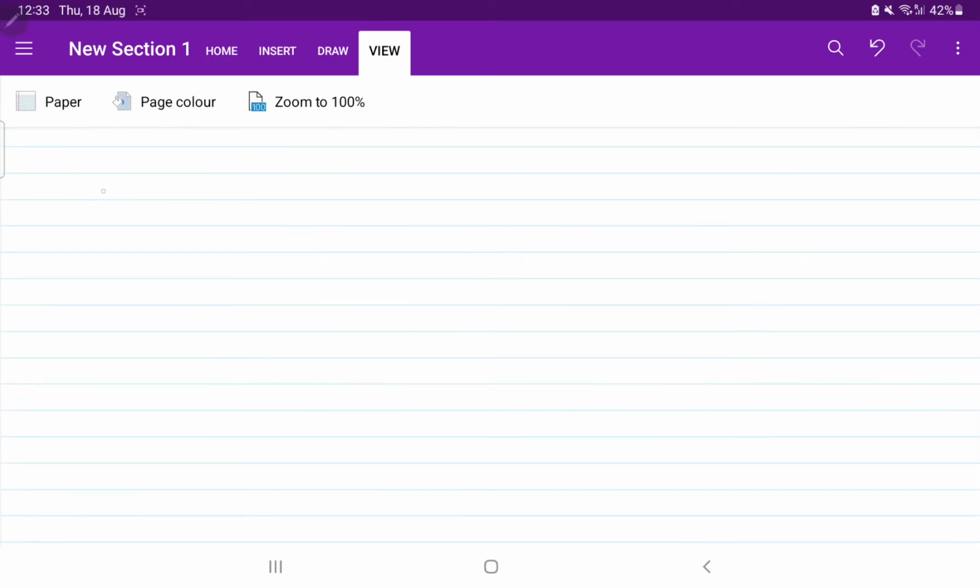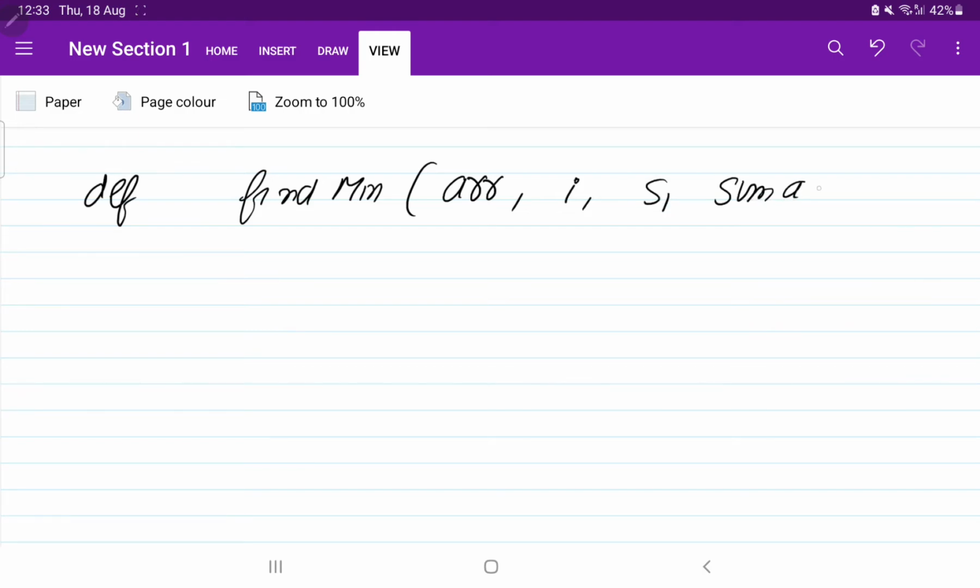Now let us write the solution. Define find minimum, and here we are going to pass array, I, S1, sum of array. So we are going to pass 4 things here. One is array, another is I. What is I? I is the length of array.